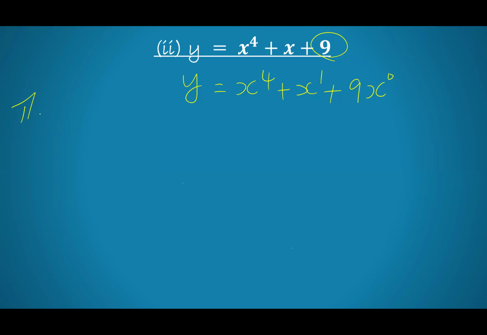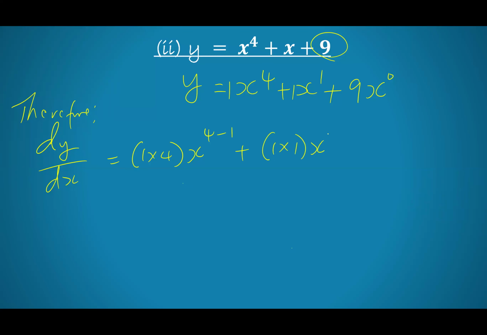Therefore, dy/dx will equal 1 times 4, x to the power 4 minus 1, plus 1 times 1, x to the power 1 minus 1, plus 9 times 0, x to the power 0 minus 1.